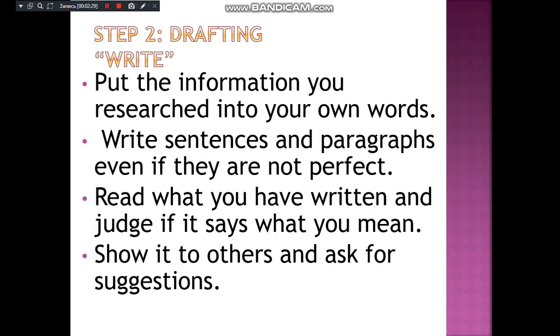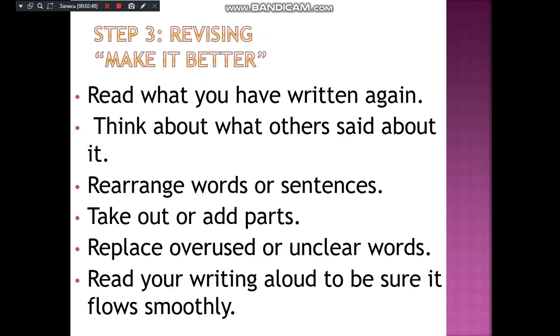Read what you have written and judge if it says what you mean. Show it to others and ask for suggestions, because listening to others' suggestions will be very helpful in doing perfect writing.